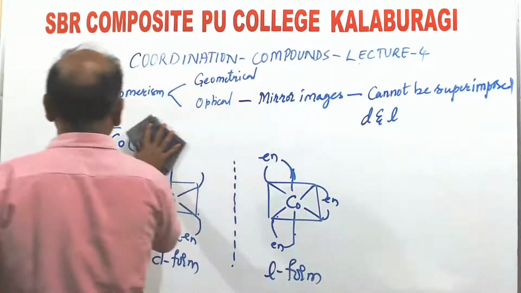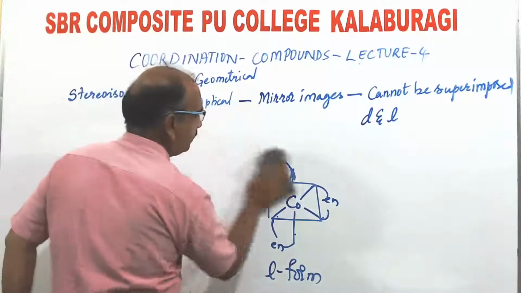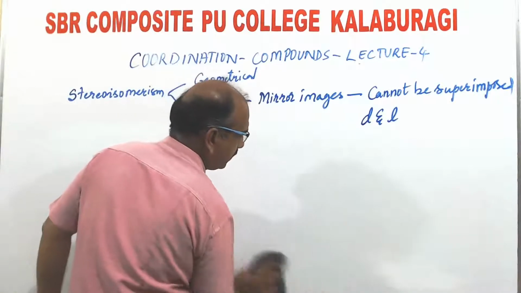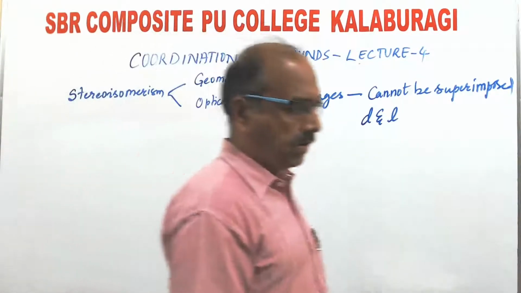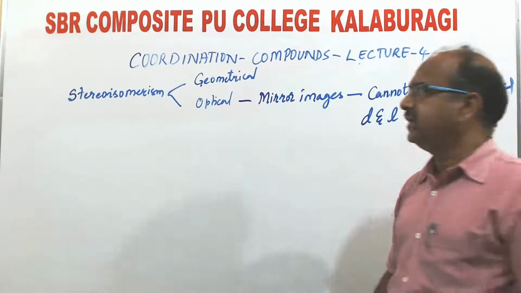Another example, let us see. Co(en)2Cl2.